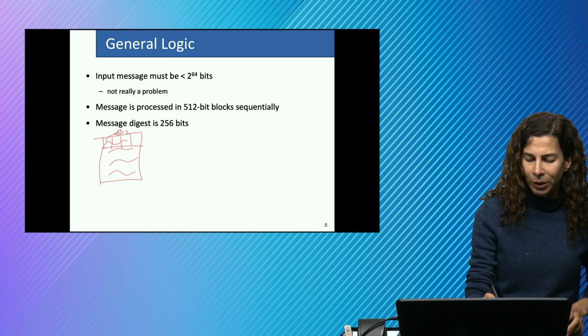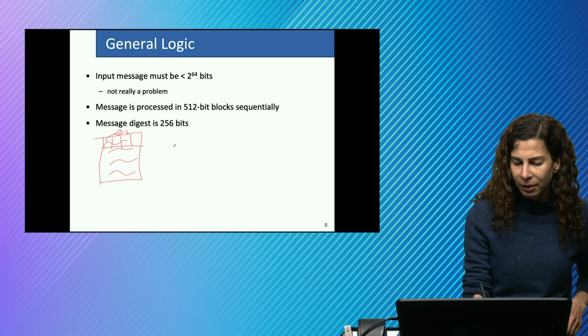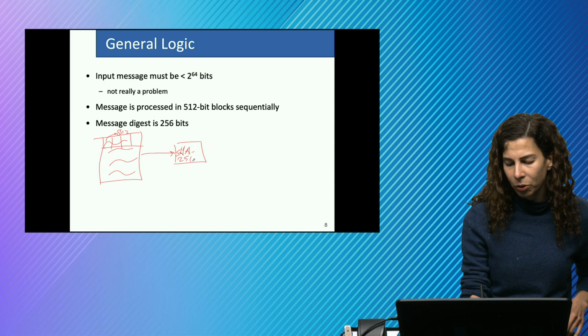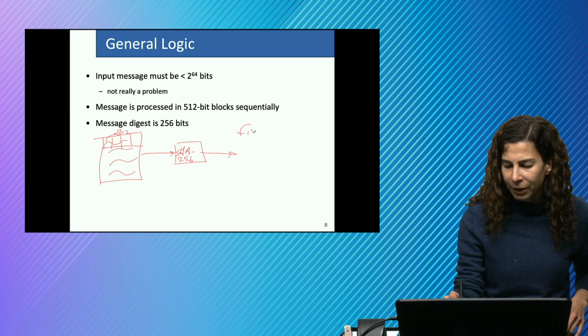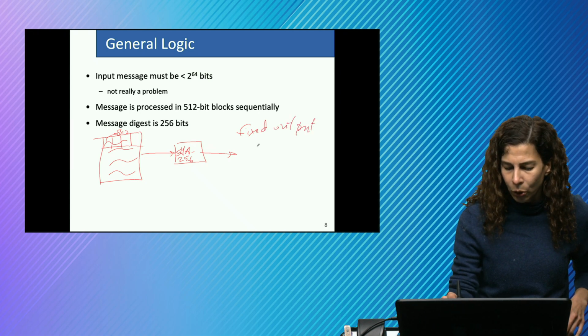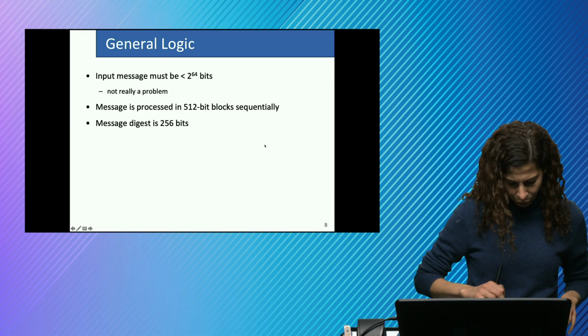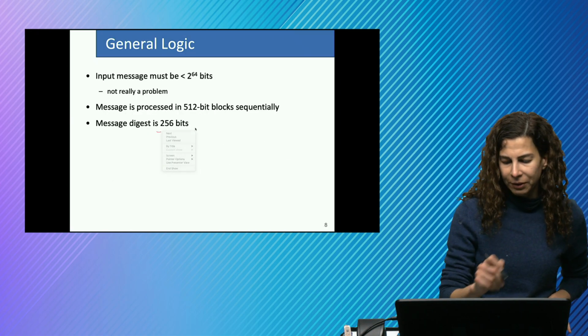But then, once you have these smaller blocks, we're going to sequentially send these blocks to the SHA-256. And the reason this is called SHA-256 is because the output is a fixed output value of 256 bits.